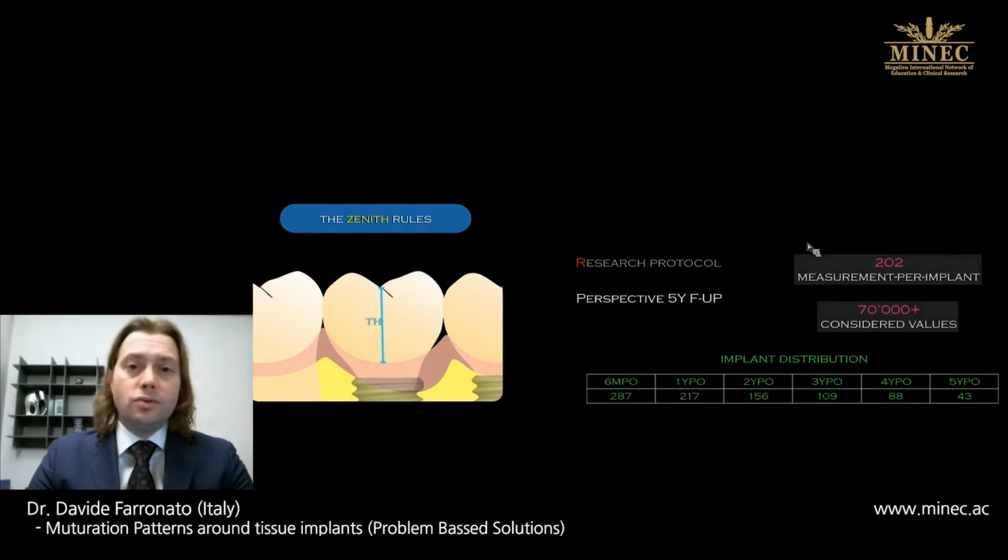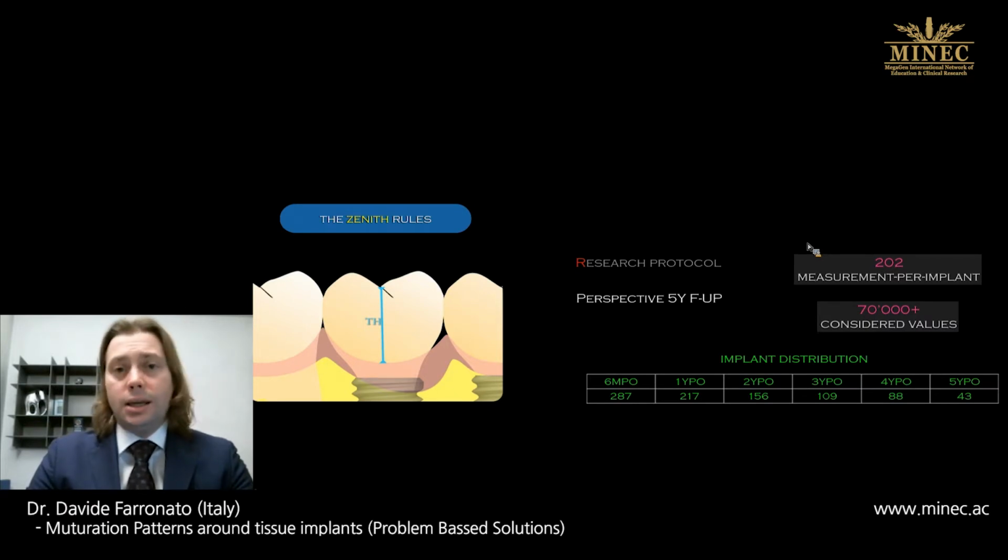There were 202 variables collected for each implant, and the implants placed numbered 280 at 6 months, more than 200 at 1 year, and lowering to 100 at 3 years. At 5 years we were almost 43.